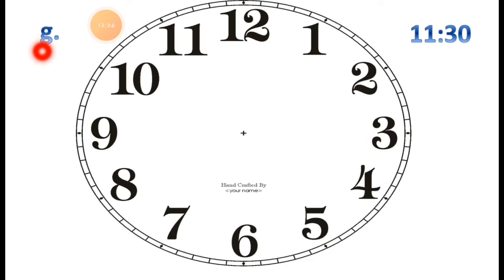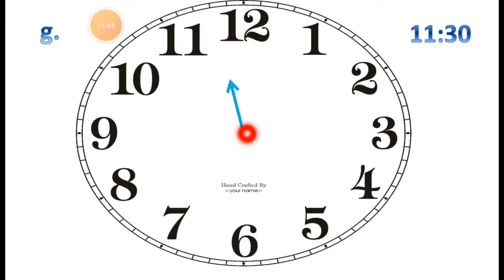Now clock number G I have for you, and the given time is 11:30. The short hand I have to draw after 11, it will be 12 o'clock, so I have to draw the hour hand between 11 and 12.